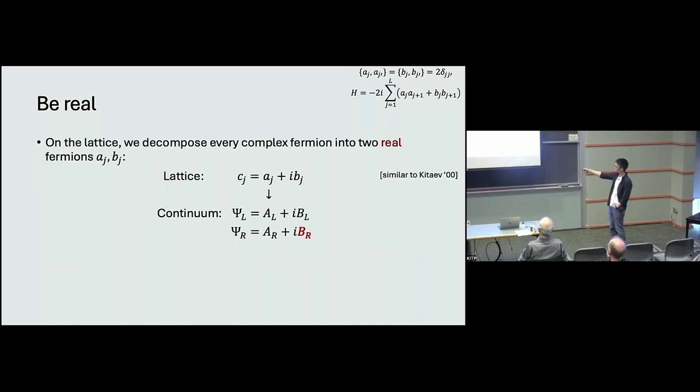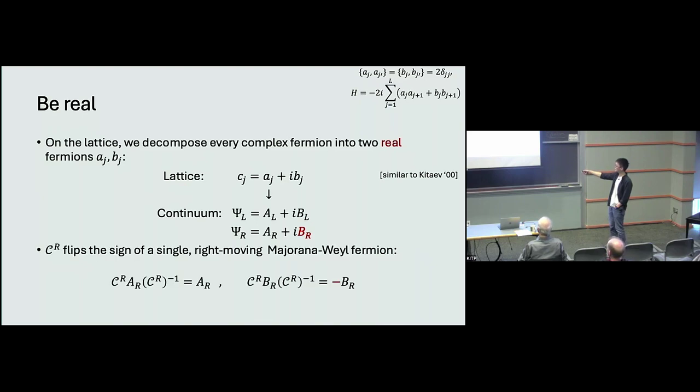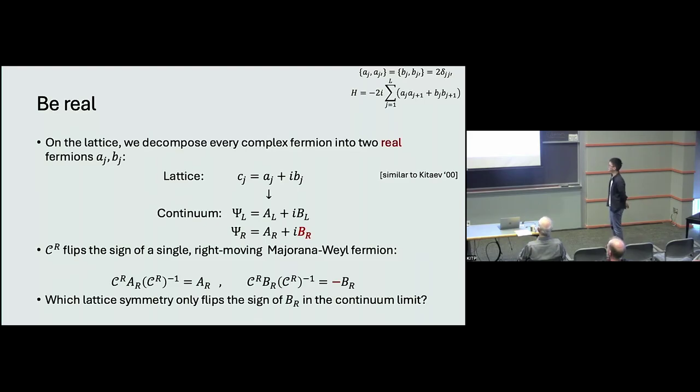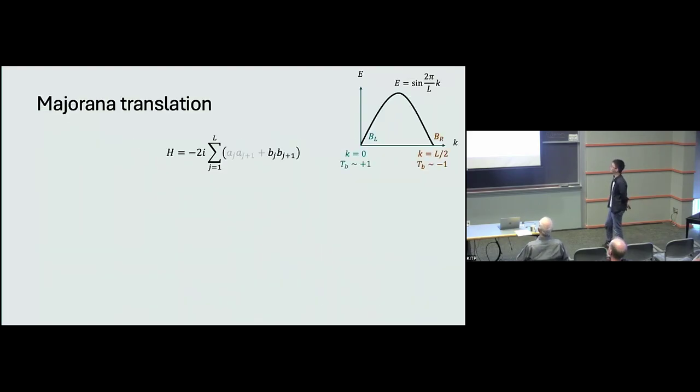Written in terms of the real fermion notation, that means that you want to find the symmetry that flips the sign of a single right-moving Majorana Weyl fermion. Okay, so what would be the symmetry that does the job? By this point, it should be relatively obvious to people who have thought about lattice fermions. And that's going to be the translation operator, the lattice translation operator.